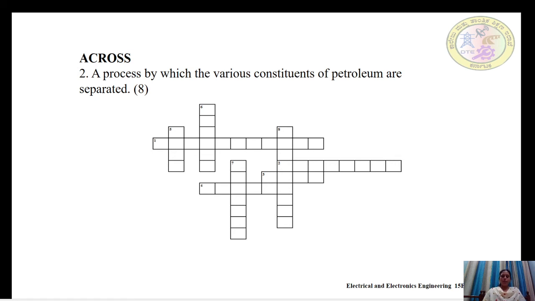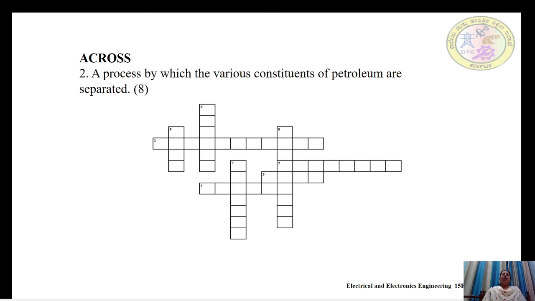In petroleum refineries, crude oil is transformed into useful products such as liquefied petroleum gas, that is LPG, gasoline or petrol, kerosene, jet fuel, diesel oil and fuel oils. What is the process for doing all these things?